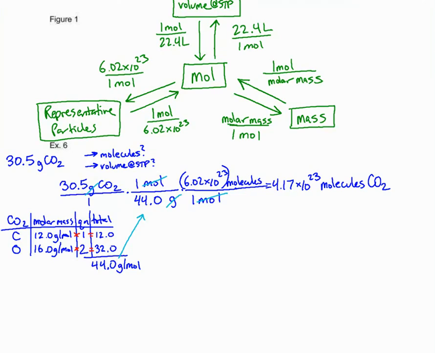We could also figure out what is the volume that this is going to occupy. And for that, you're going to use the same starting point, the same given value. That's 30.5 grams of CO2 over 1.